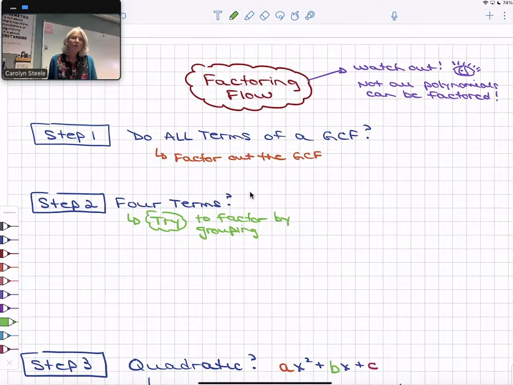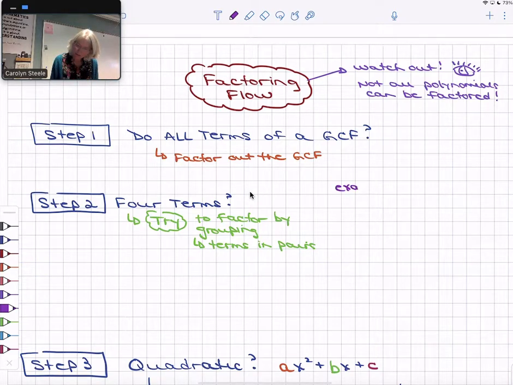Typically when we're factoring by grouping, we're going to put those 4 terms into pairs. For this, I'd love to go through 2 examples, one where you can and one where you can't. So we'll do a yes example and a no example.